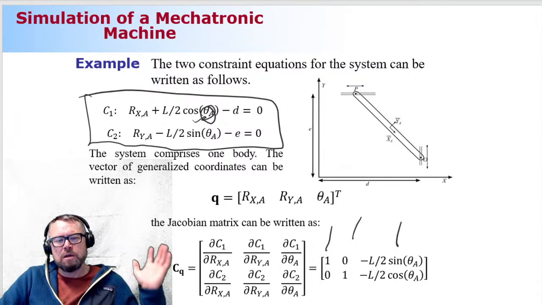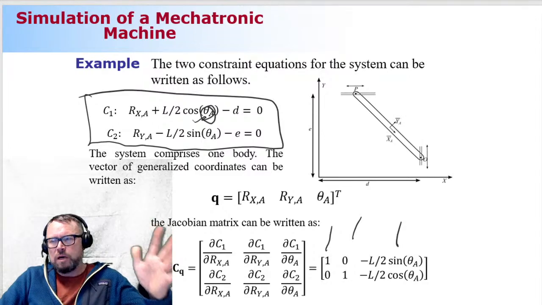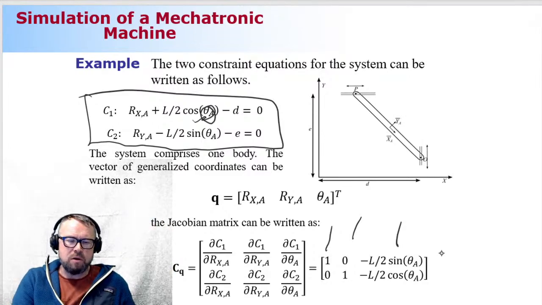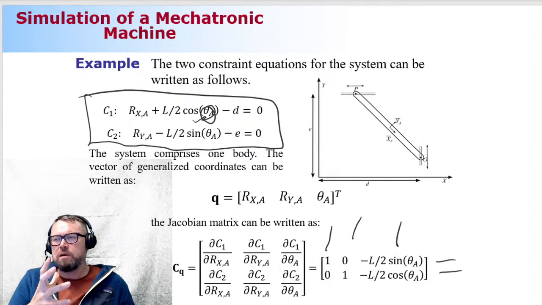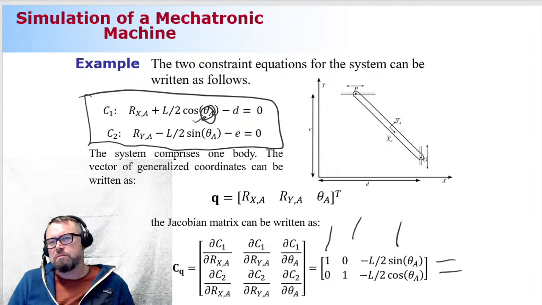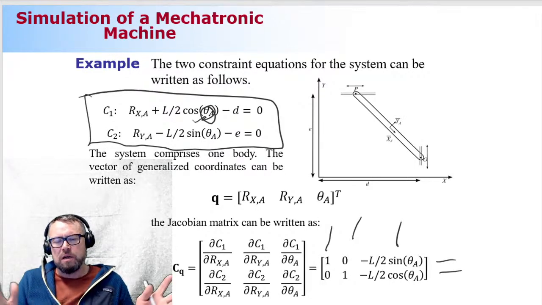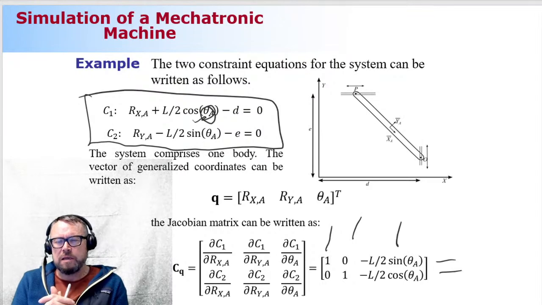It tells you how many constraint equations you have in a system. That's the number of rows. And remember, what we need to do in a kinematic analysis is invert the Jacobian matrix. You know from mathematics that you can only invert a matrix if it is square in shape. So we cannot invert this matrix, because obviously it is not square in shape. We have to have one more constraint equation, otherwise this is not going to work out.